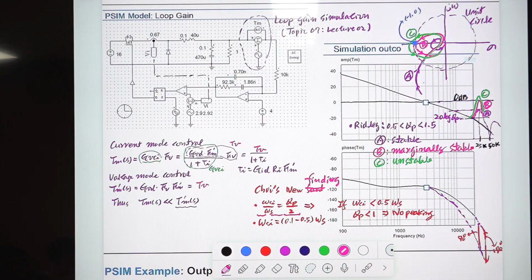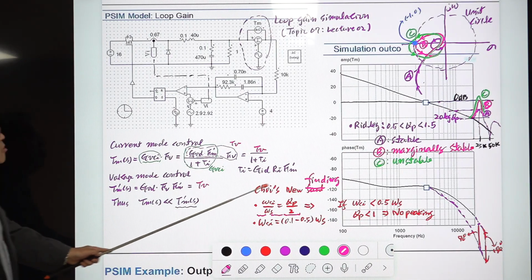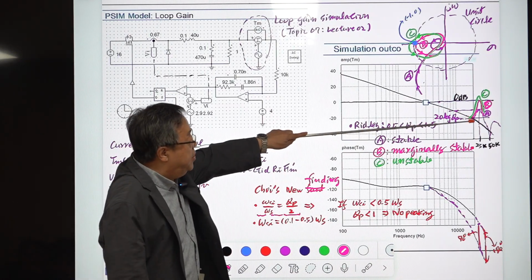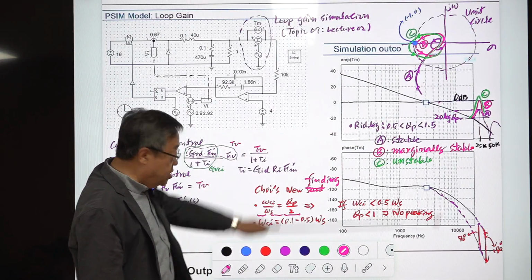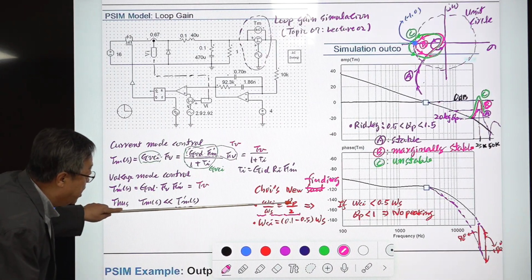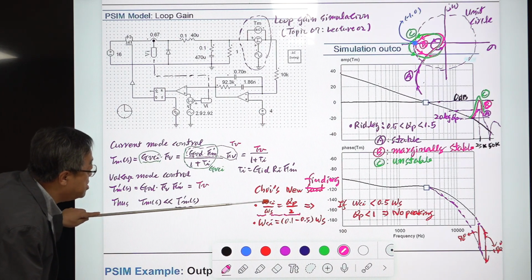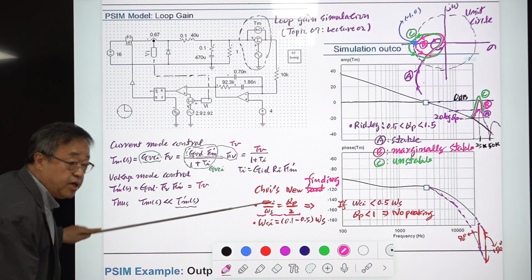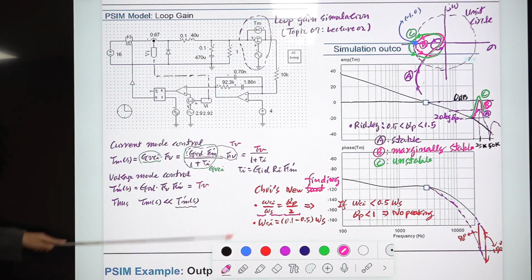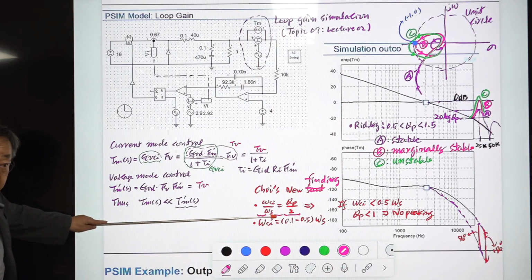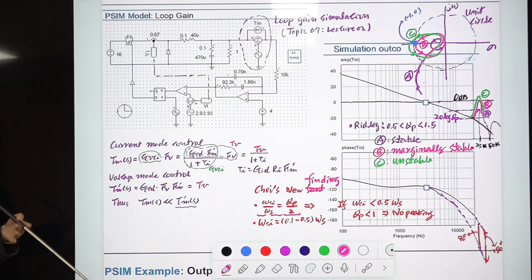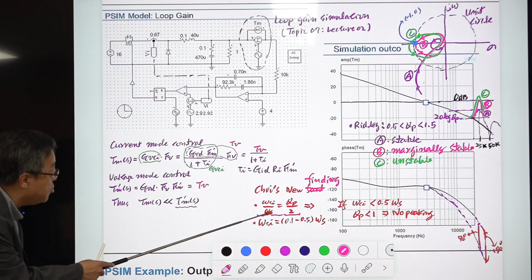We will prove this. This is the number which determines the magnitude of the peaking in this new model. So QP divided by 2 is the same as omega Ci, the current crossover frequency, divided by omega S, the switching frequency. In the classical model, they determine the ratio between these.